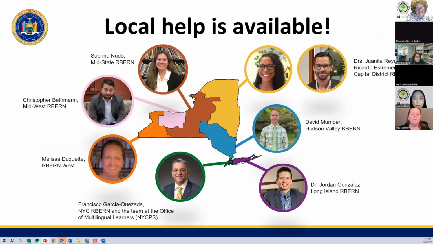So my last pitch before we open the question and answer is, in addition to myself and my colleague Wing Xiao, you have local help available in your region for the Seal of Biliteracy. So wherever you are located on this map, you have a designated individual that works at one of our RBIRNs, which stands for Regional Bilingual Education Resource Network.